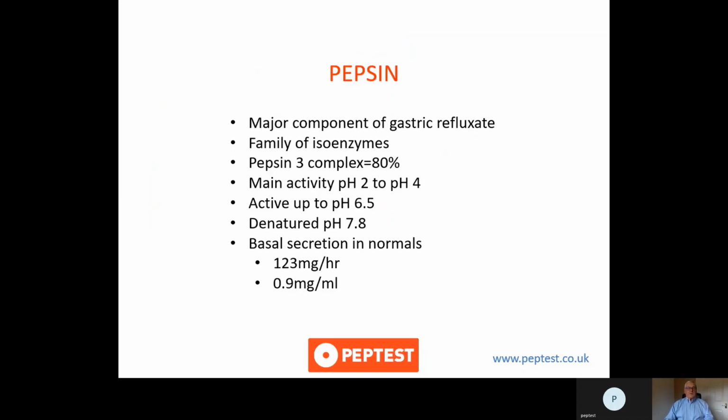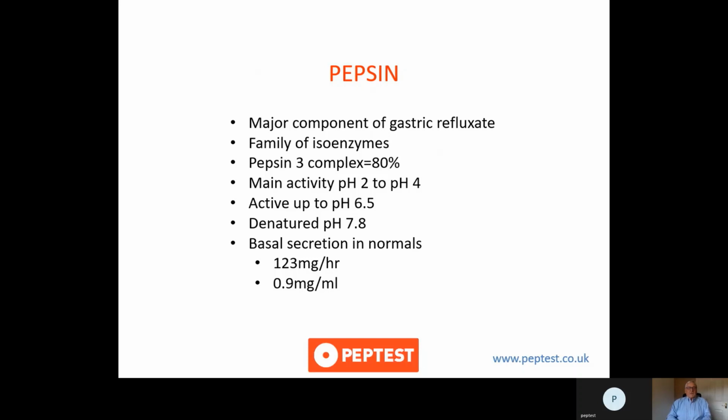So getting back to pepsin itself, it's a major component of gastric refluxate, as mentioned earlier. There's a whole family of isoenzymes of pepsin. Now the pepsin complex which we work with mostly is called the pepsin 3 complex, which comprises pepsin 3A, 3B and 3C, and is in fact the basis of our PEPTEST.